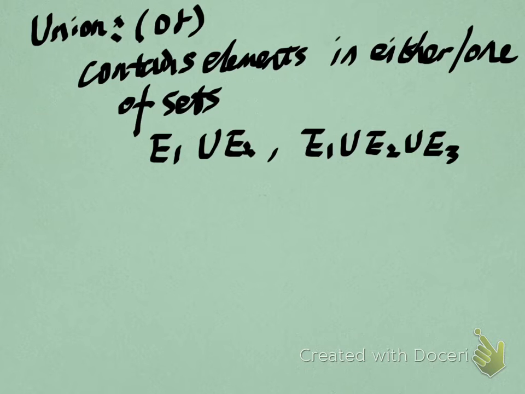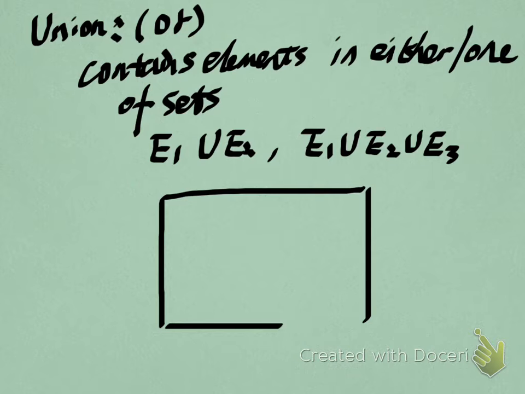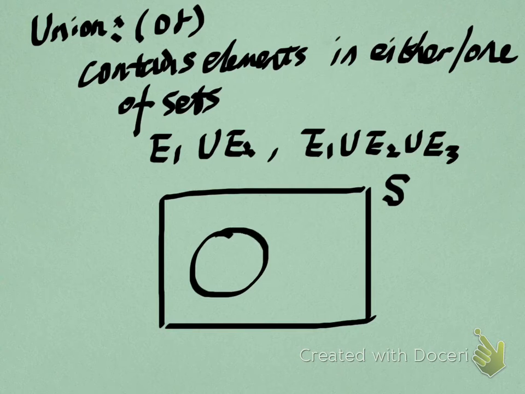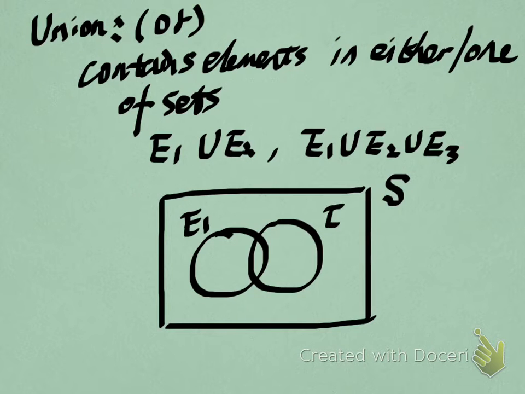Here we can also use the Venn diagram to show the meaning of the union. Again we have the rectangle as our whole set, and then we denote two sets, E1 and E2, by circles. The left one is our set E1, and the right is our set E2. The meaning of E1 union E2 is the area covered by one of them.